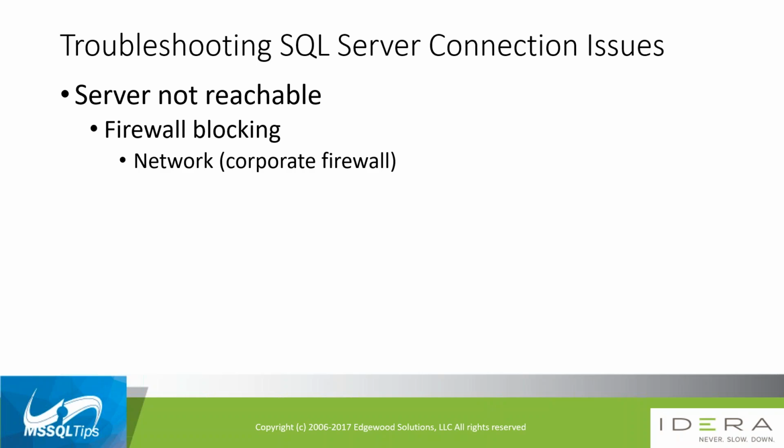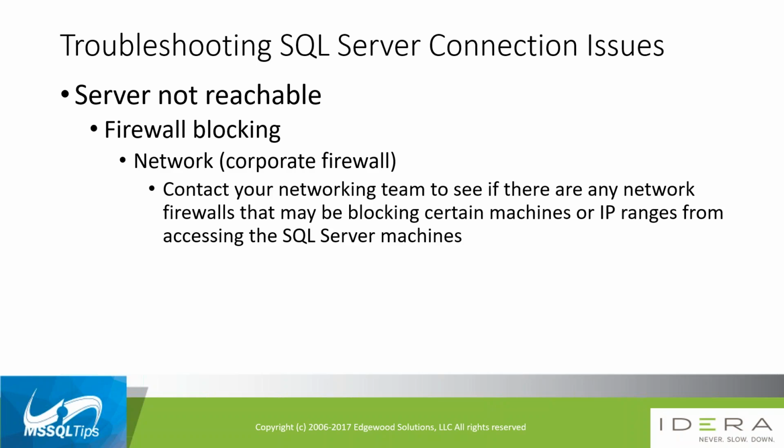So let's talk about network firewall. A lot of corporations have their own firewall that they've set up on the network. And this isn't something a DBA is going to have access to make changes to or even view. If you think there's maybe a network firewall and that it may be causing you problems, contact your networking team.